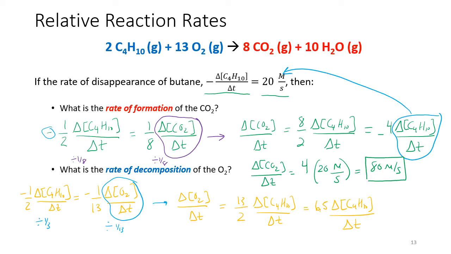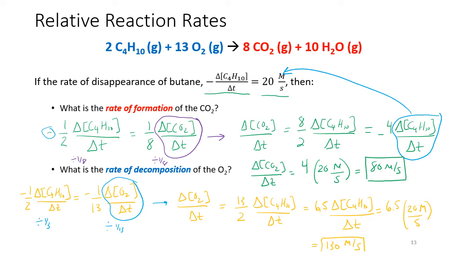So we can still take that same 20 molar per second and plug that in. We would have 6.5 times 20 molar per second, and that would give us 130 molar per second as our change in concentration per unit time of our O2, or our rate of disappearance of our O2.